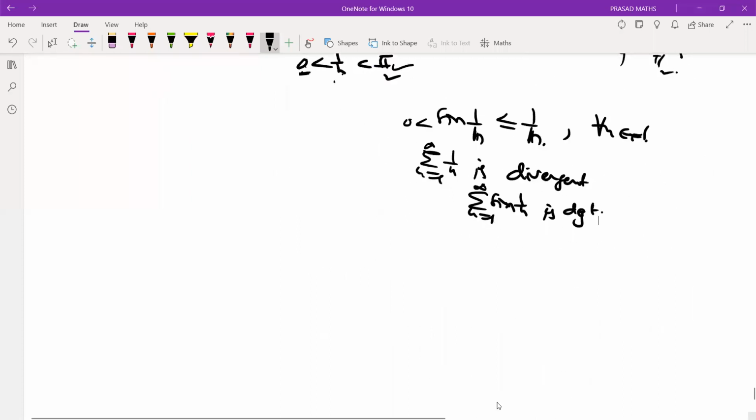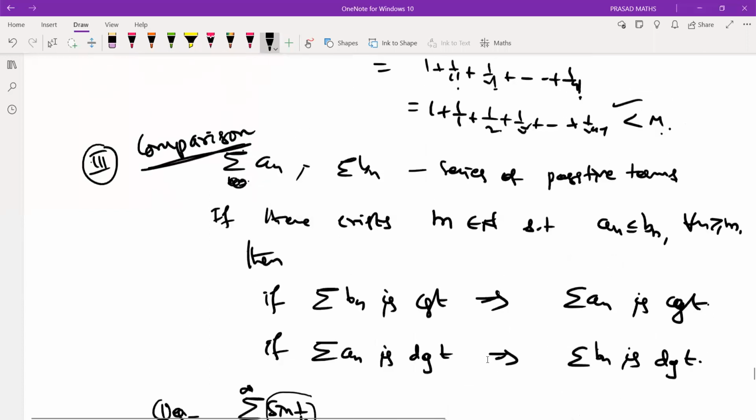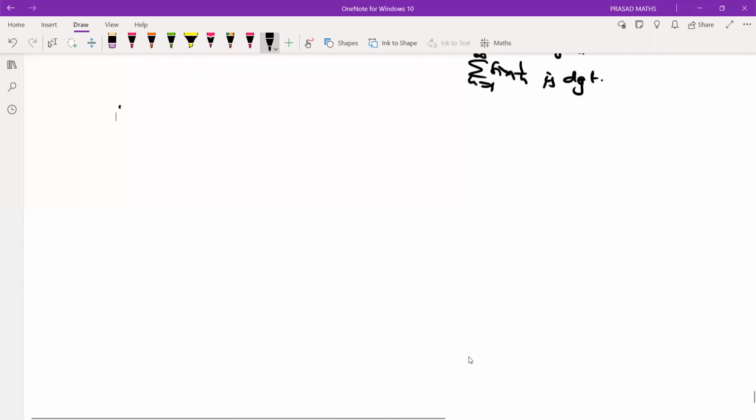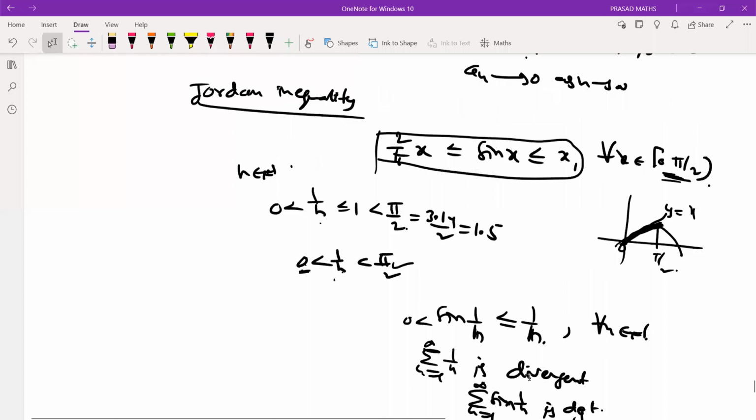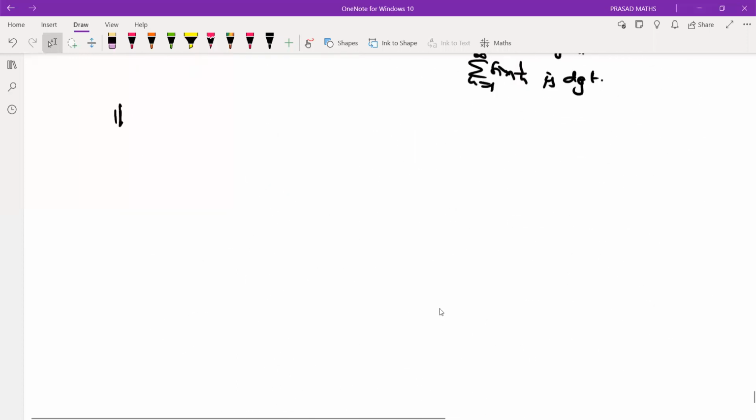Otherwise, suppose you take another problem. Before applying this, you need to go through another property. This is the fourth one, I think. So this is the harmonic series p-test.